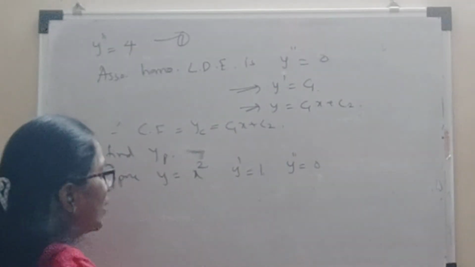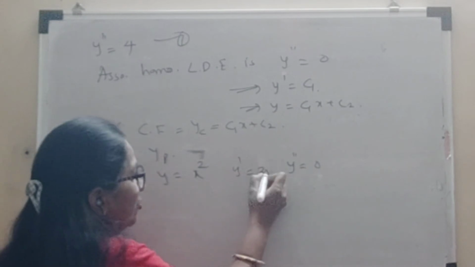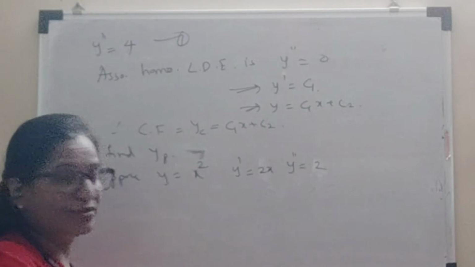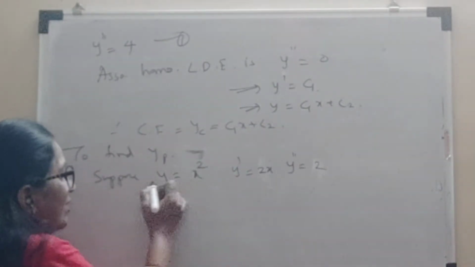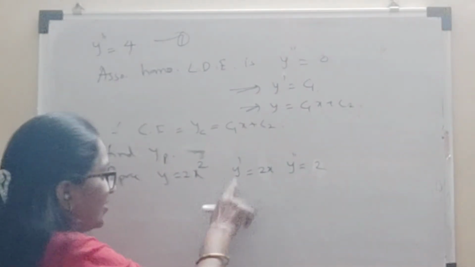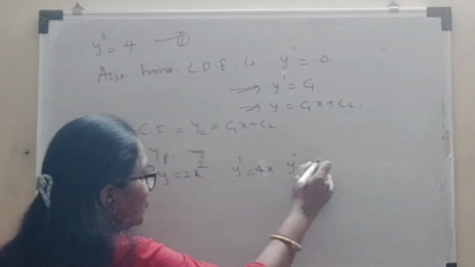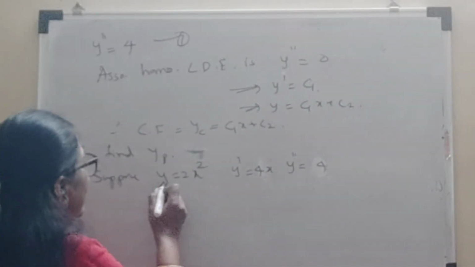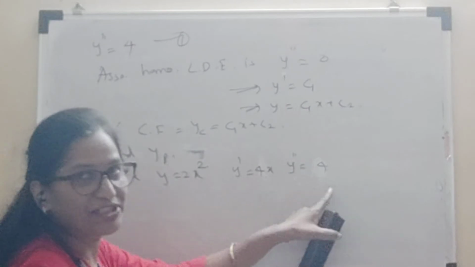So if y is equal to x square, then what will be y dash? y dash will be 2x and y double dash is 2, not 4. So we have to adjust by one more 2. To adjust that, I'll choose y is equal to 2x square. So y dash is equal to 4x and y double dash is equal to 4. Okay. So now this y is equal to 2x square satisfies the given differential equation.